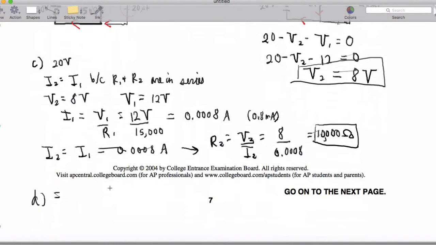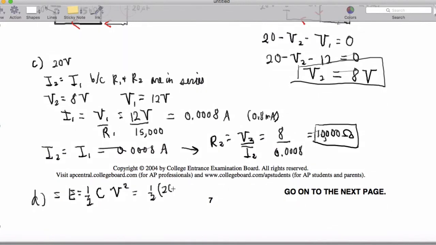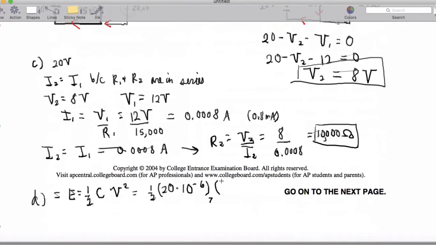Let's see. I'll just use the formula 1/2 CV squared. And so that's going to be 1/2. Now, the capacitance is 20 microfarads. That's 20 times 10 to the negative 6th times V squared, which is 12 squared, which is 144.